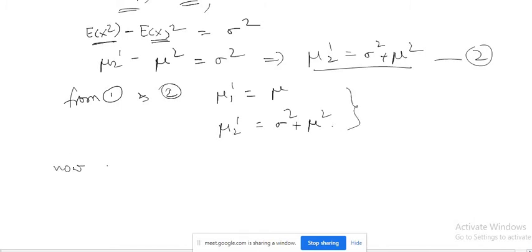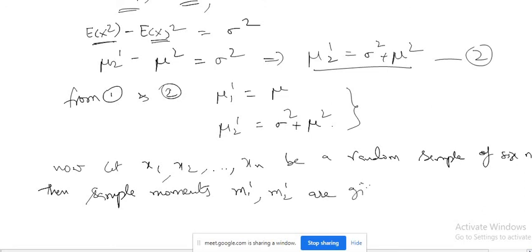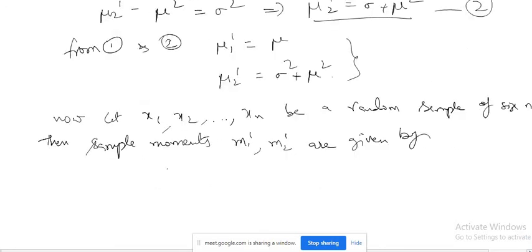Now let x1, x2 and so on up to xn be a random sample of size n, then the sample moments m1 dash and m2 dash are given by: what is m1 dash?